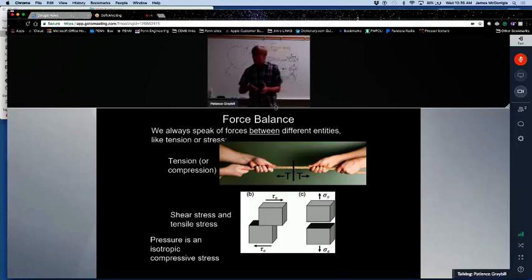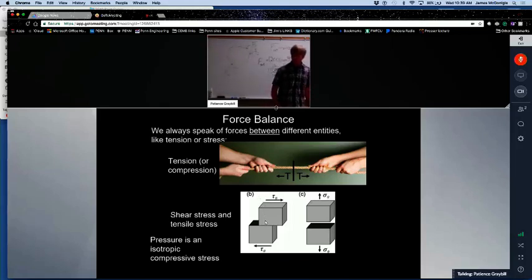And there's another kind of stress that occurs, and that's called shear stress. If you look at the bottom picture, you'll see that there is a block sliding over another one. So let me get the pointer on that. There. Okay. So if you look here, these blocks are sliding relative to each other, and that sliding is resisted by both of them.